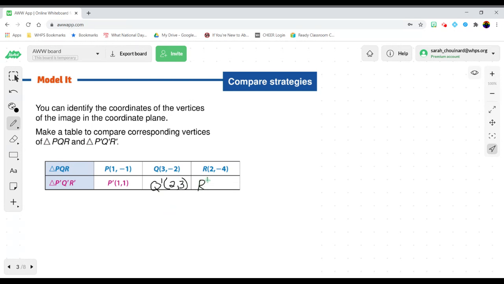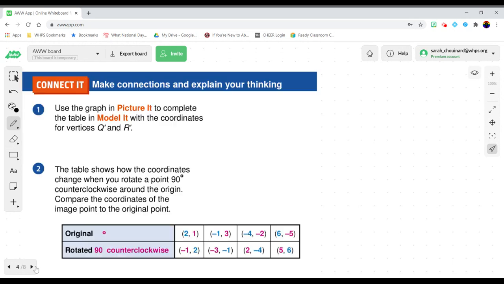And R prime is at 4, 2. So we're looking for the connection between the pre-image and the image. Let's flip over to page 29 and come up with the actual rule for each of these.